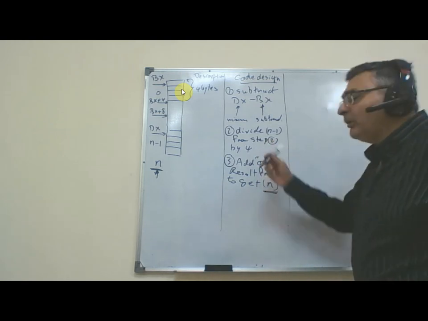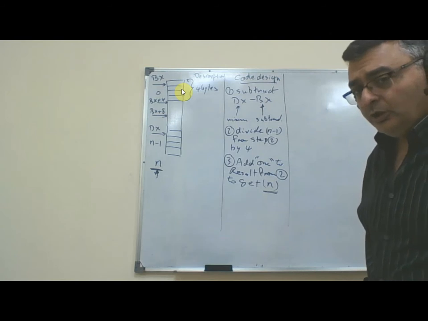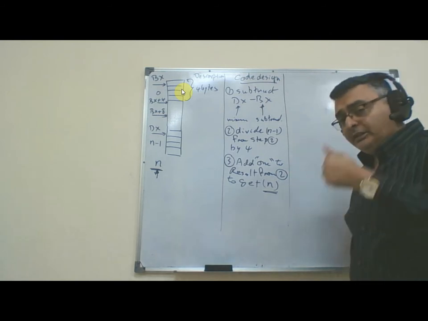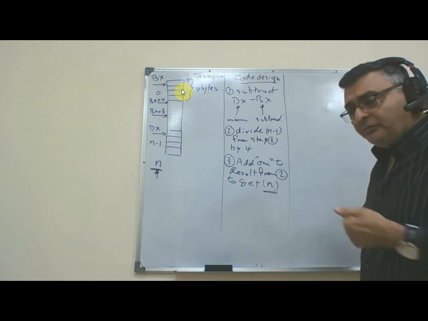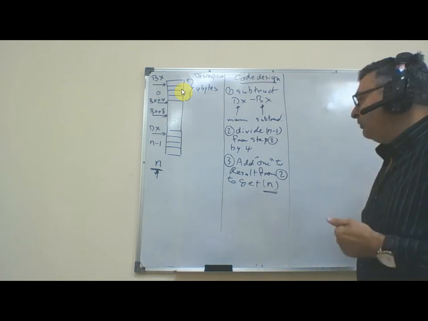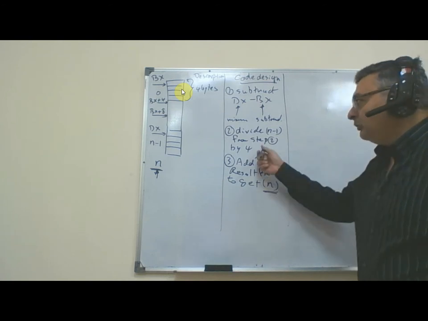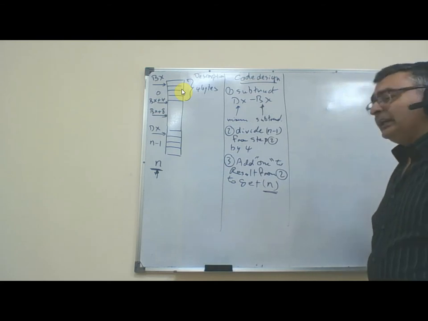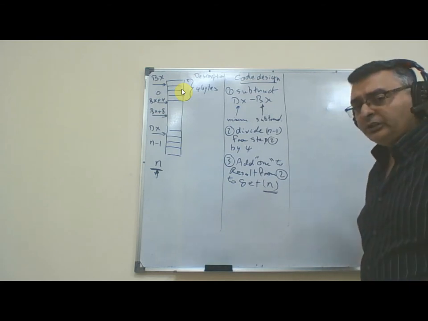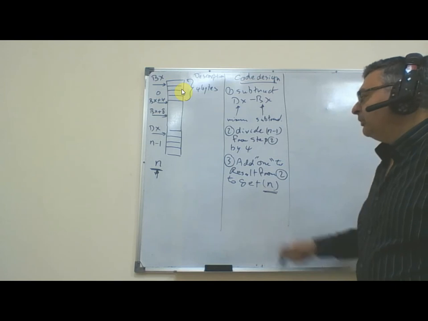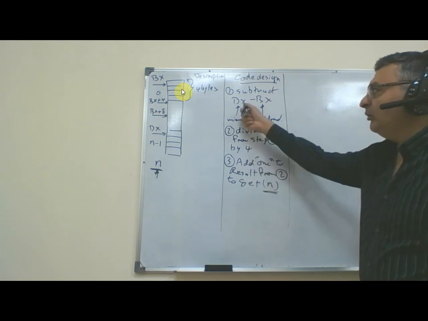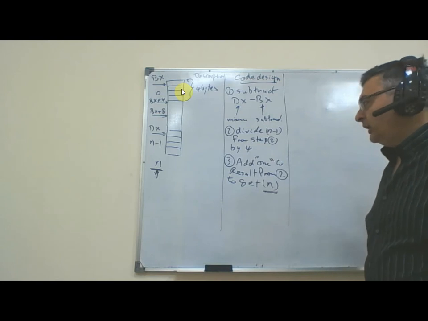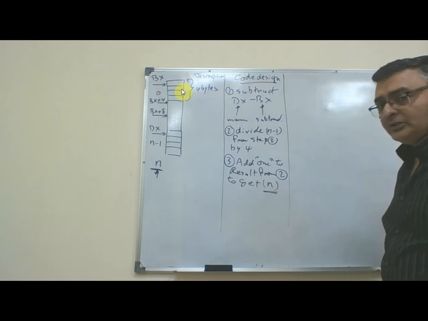Here I am dividing by 4. So there are 2 methods of division. I can either use the div operation, which means I have to involve ax and dx in the operation, because I am dividing a word by 4, so I have to actually involve ax at least.